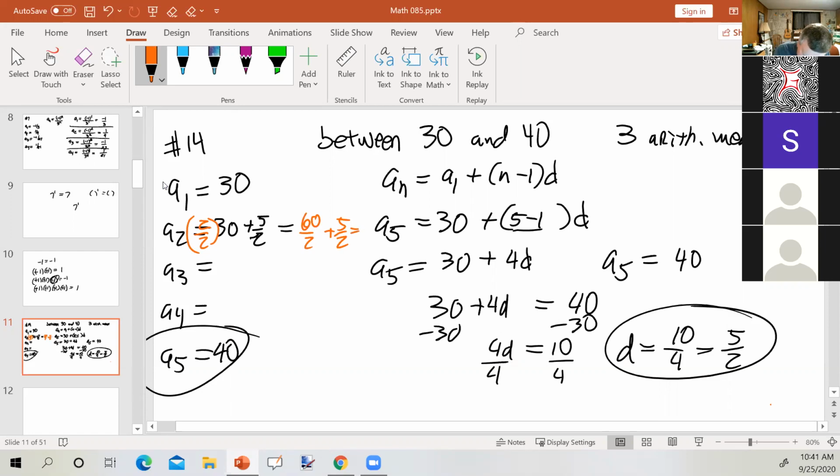Which is going to be, oh, I'm running out of room here, 65 over 2, okay? So a sub 2 is 65 over 2, okay?